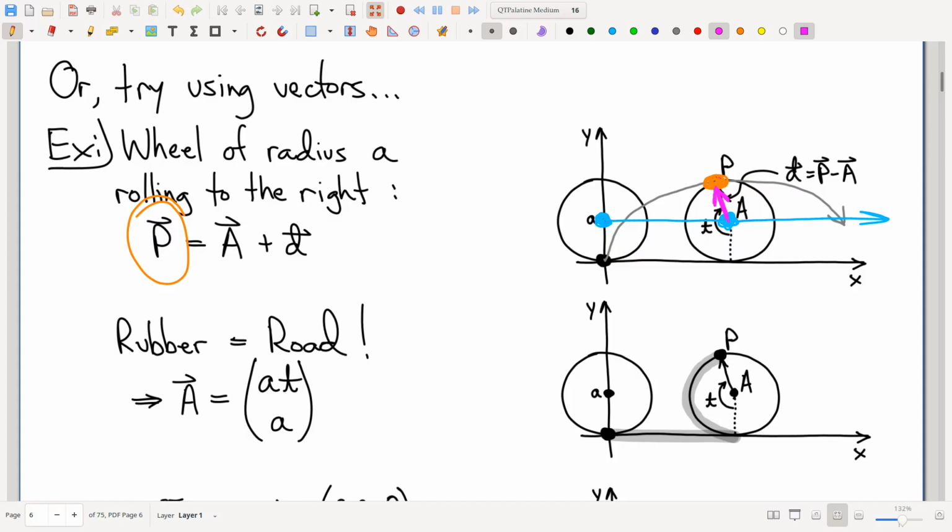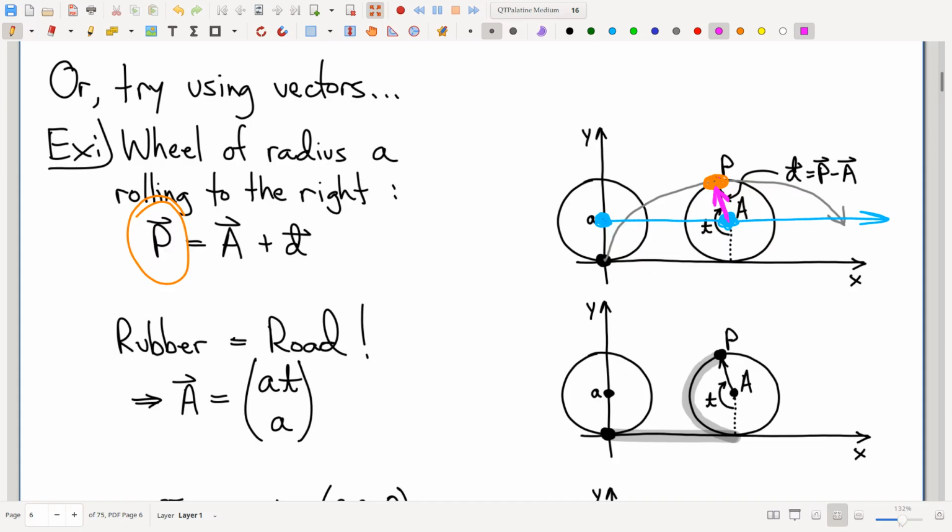The spoke is just going around in a circle. Now, it's going around in a circle that's moving. Yeah, sure. But as a vector, right? The vector that is literally the displacement between the axle and the reflector is just going around in a circle, and that's not hard to describe either.